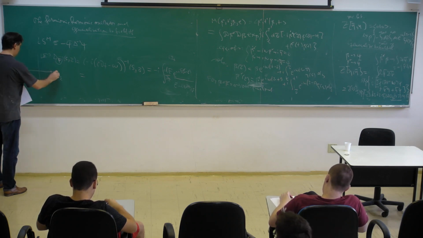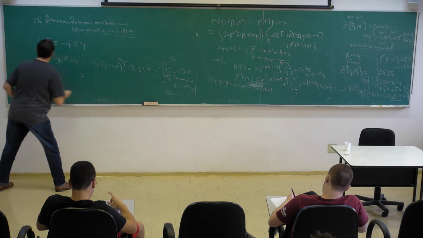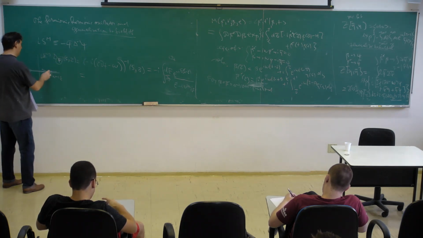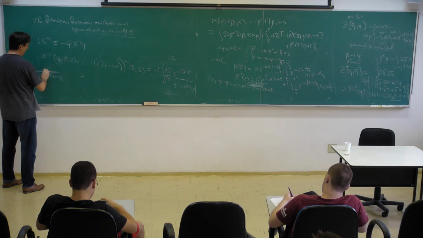Another way of saying it: the contour is like this and the pole is on the real line.